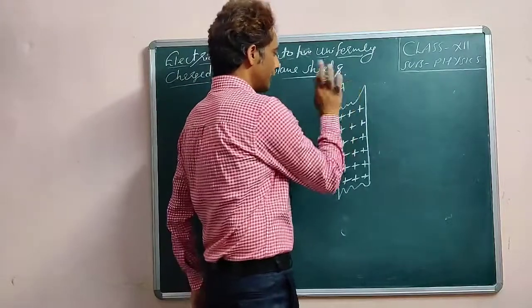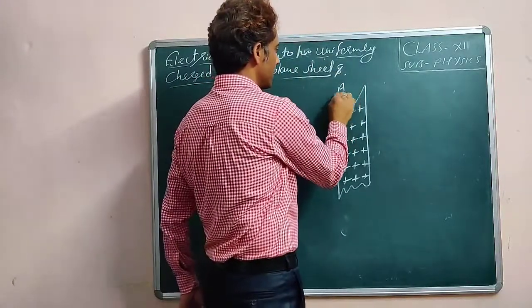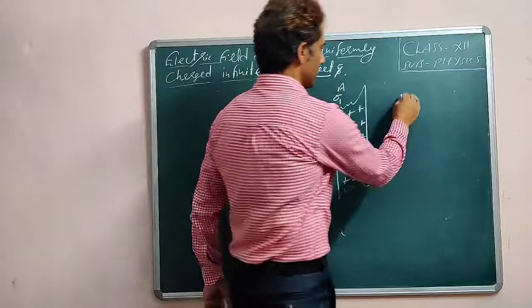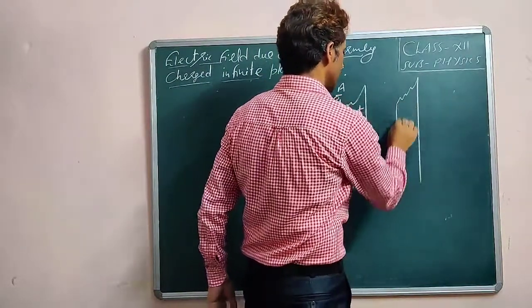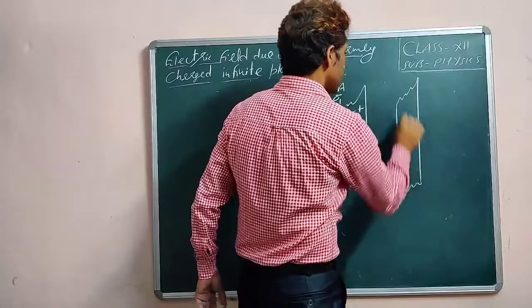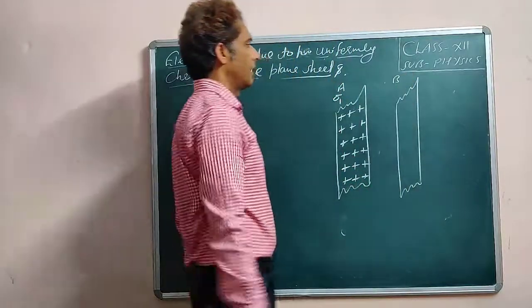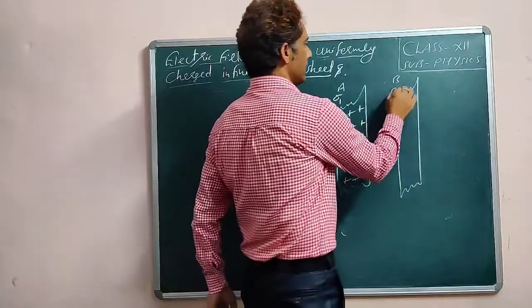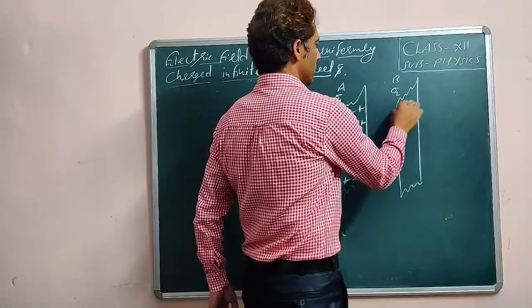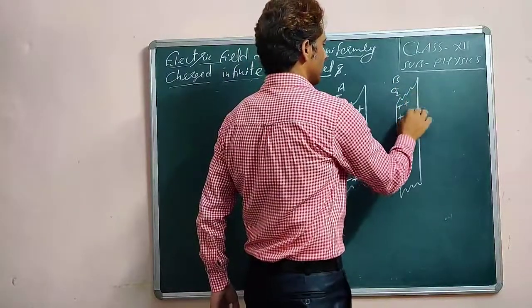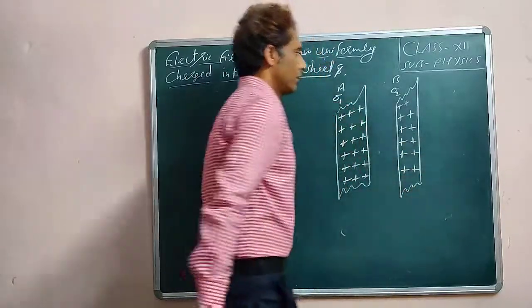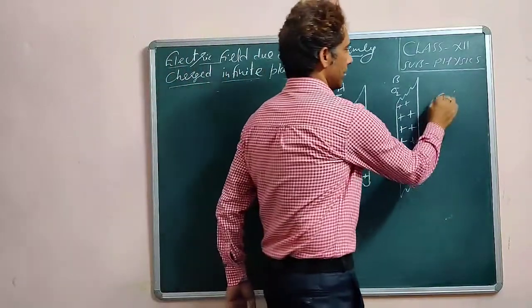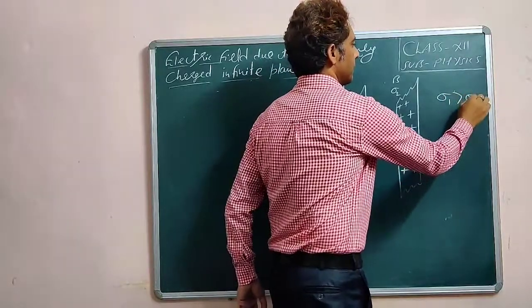Let this be sheet A and surface charge density is sigma 1. You consider some other sheet. Let it be B and surface charge density is sigma 2. That it is also positively charged. Now let the sigma 1 be greater than sigma 2.